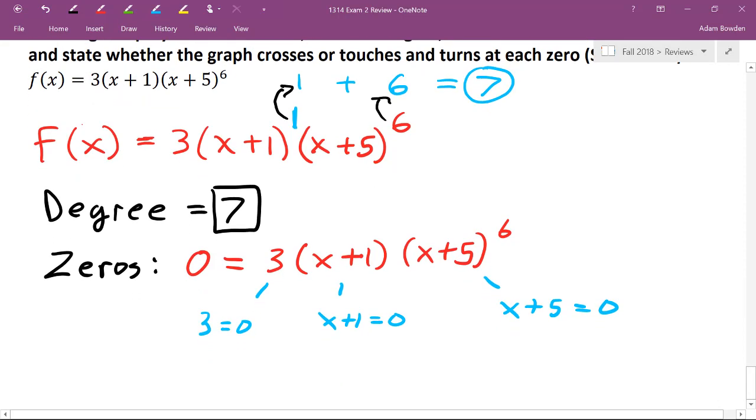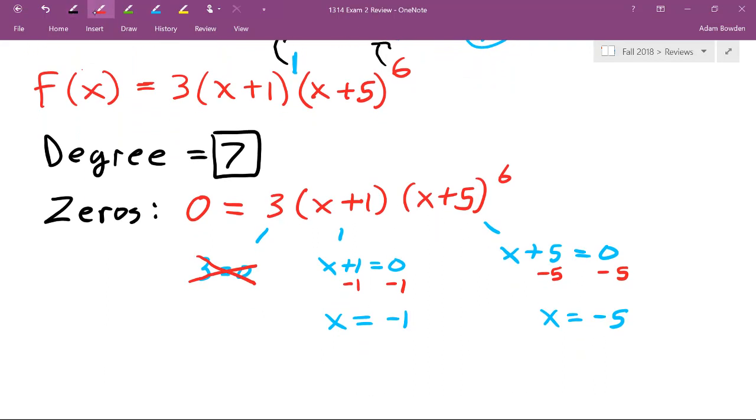Alright, the first one just says 3 equals 0. There's nothing to solve for there, so we can just ignore that one. This other one we just need to subtract the 1 over. We'll have x equals minus 1. And for this one we'll subtract the 5 over. We'll get x equals negative 5.